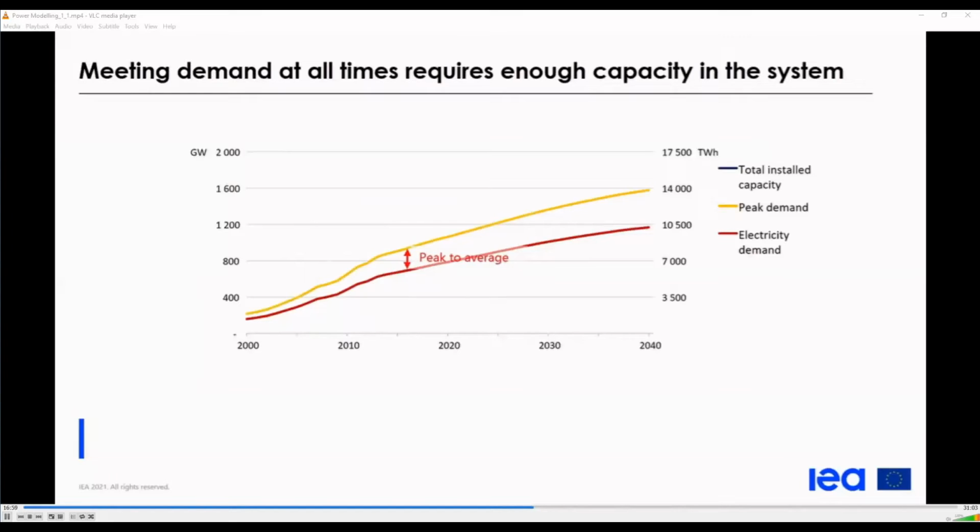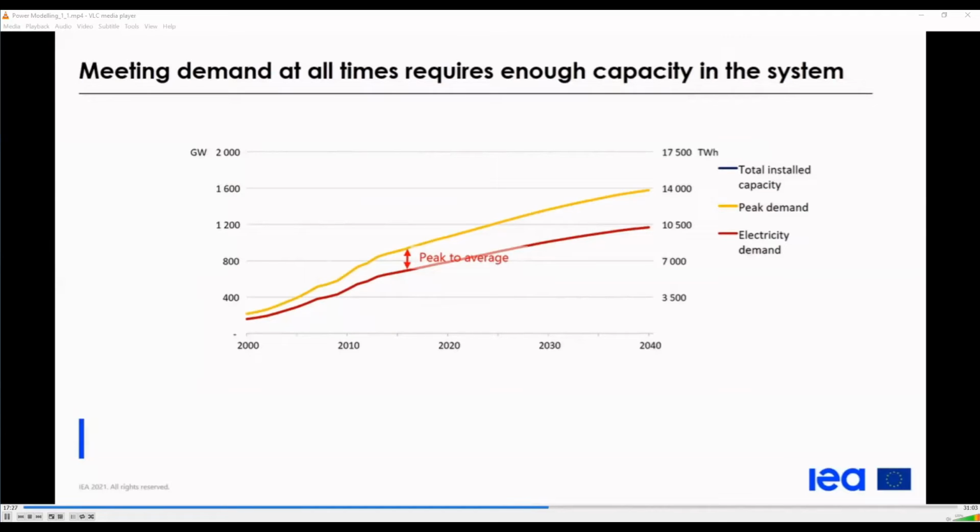Remember this 170% above average that we saw in the previous example. We calculate this peak to average ratio based on the analysis of historical data and the evolution of different end uses; for instance, cooling needs or electric vehicles can make this demand peakier.